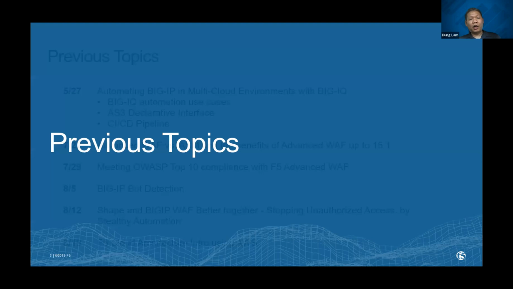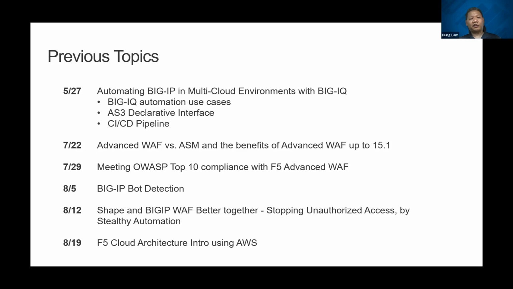So we started off with automation and multi-cloud, then we took a couple of weeks break for some internal work that we had to do, and we resumed with a couple of security topics. Advanced WAF versus ASM and what the differences are, then the OWASP Top 10, and bot detection capabilities on the BIG-IP.